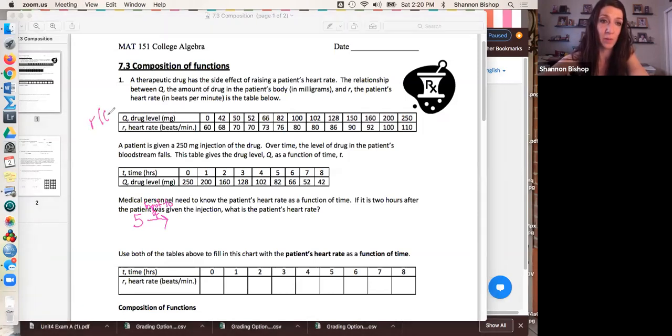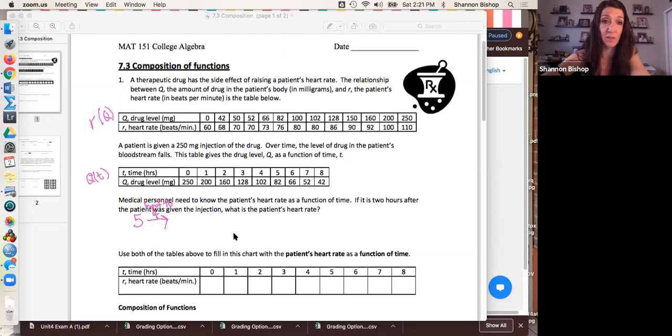R of Q, there we go. Input Q, output R, so R of Q. On this one, input time, output Q, so Q of T. So which one of those notations fits what I'm trying to do?